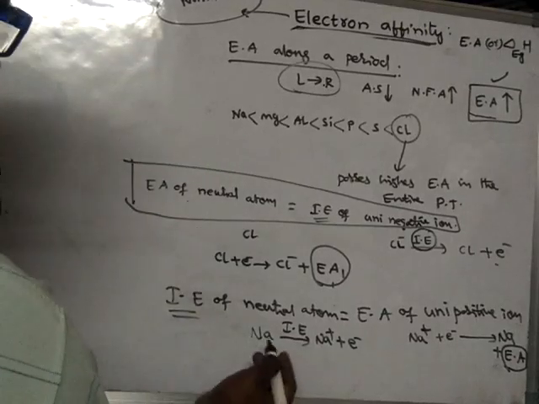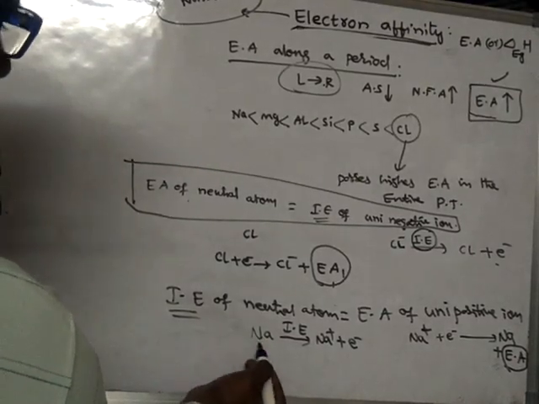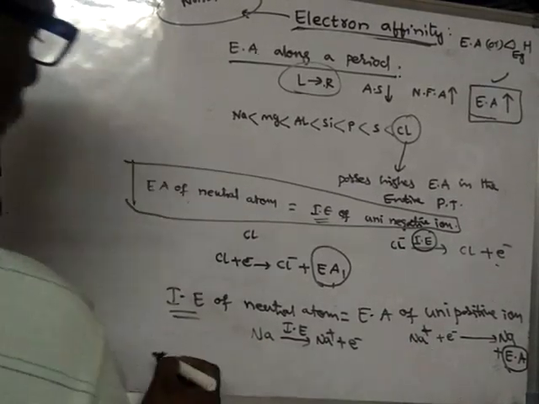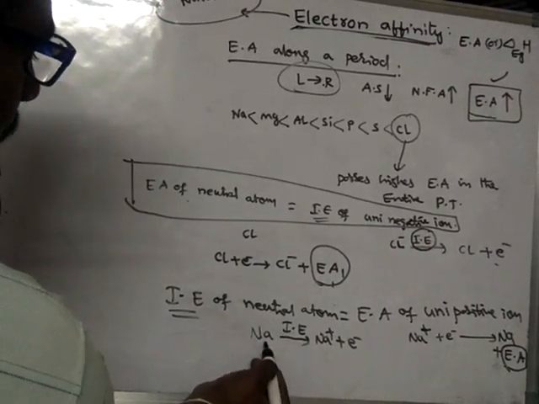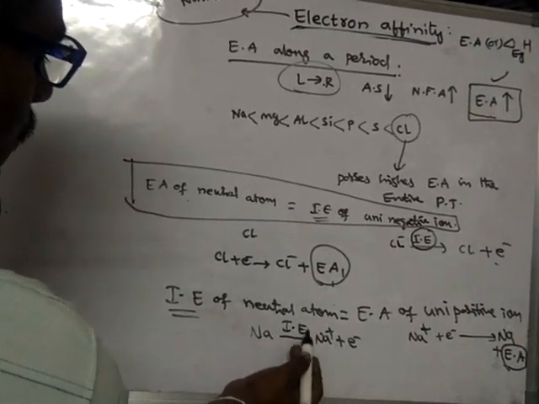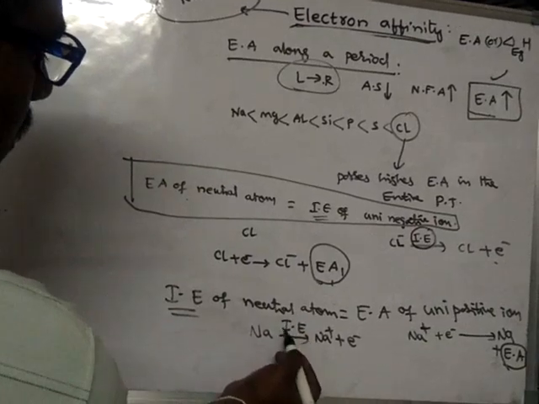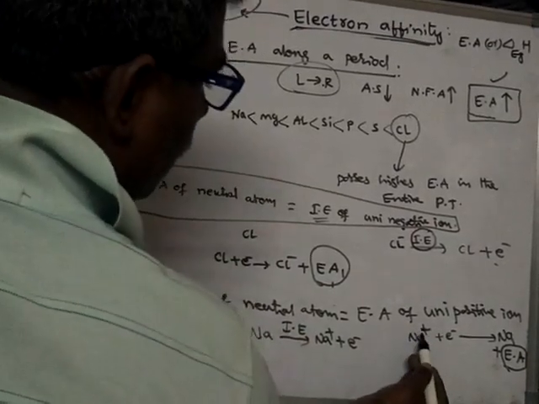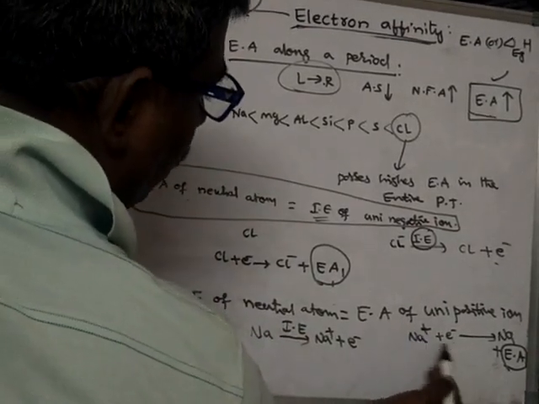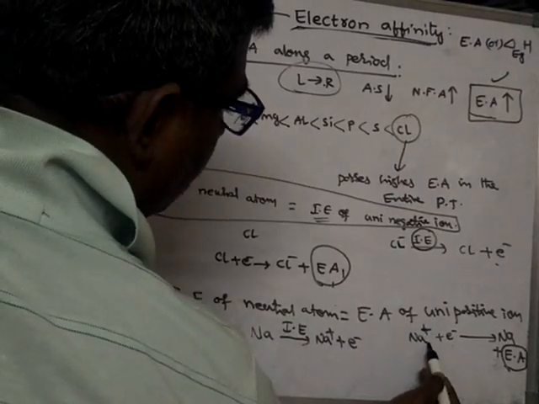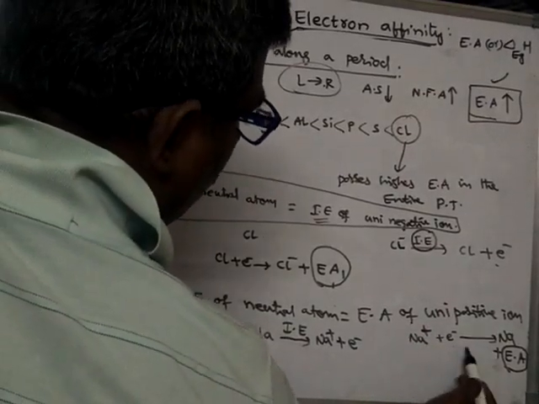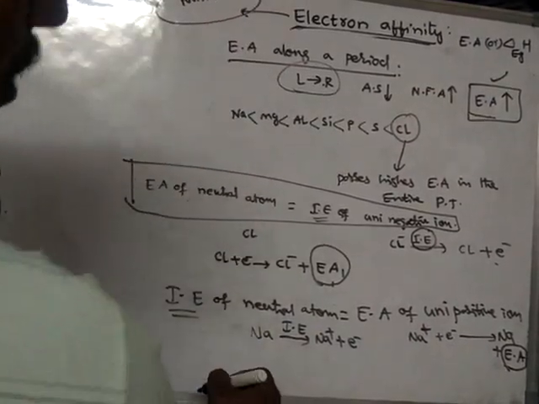Always remember that this is a neutral atom and this is a unipositive ion. From a neutral atom, if you want to remove an electron, it requires ionization energy, and if you add one electron to the unipositive ion, the process releases some energy.